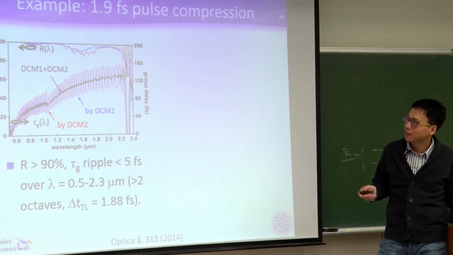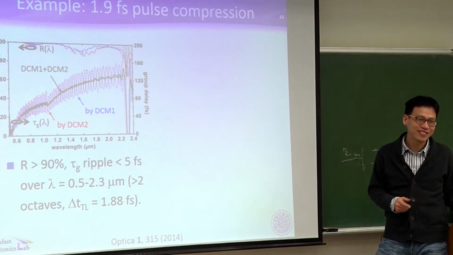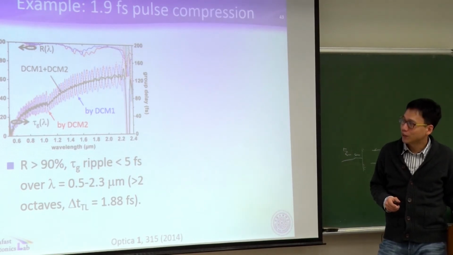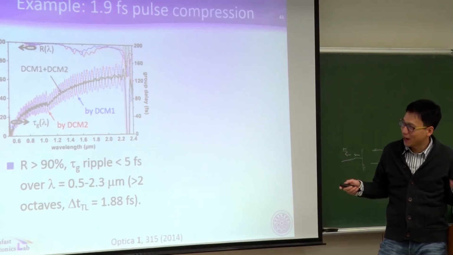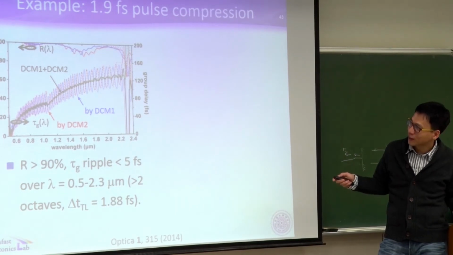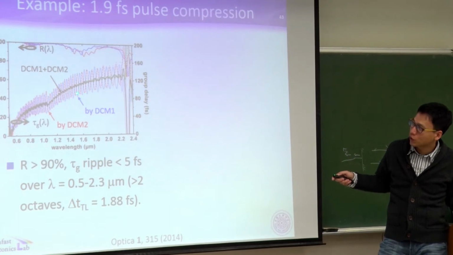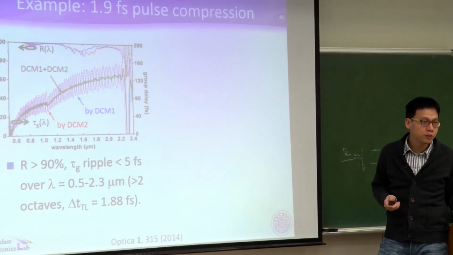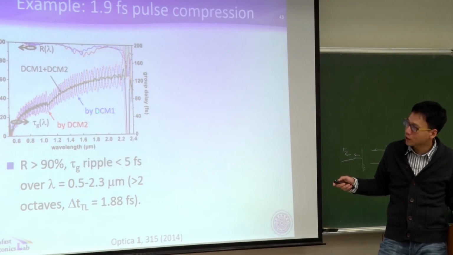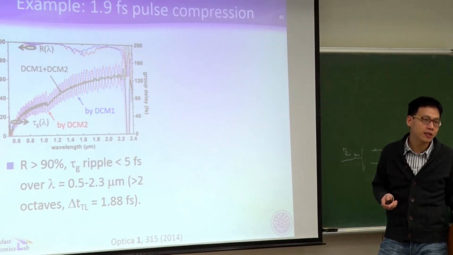There are many curves here, so I try not to confuse you by making some notation. For example, the blue one, you see some rippled curve, right? The ripple contains blue curves and red curves. The blue one corresponds to the group delay due to the first double chirped mirror, DCM1.